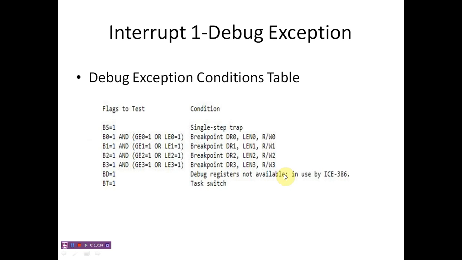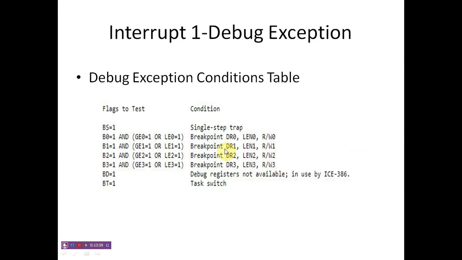This table shows, with each breakpoint condition, the combination of bits that indicate when that condition has caused the debug exception. Instruction address breakpoint conditions are faults while other debug conditions are traps. The debug exception may report either or both at one time.